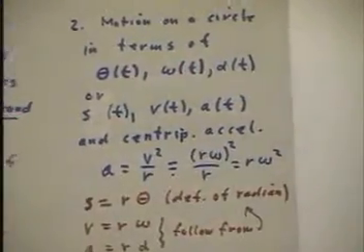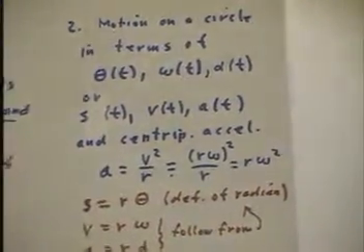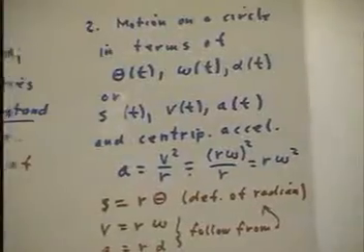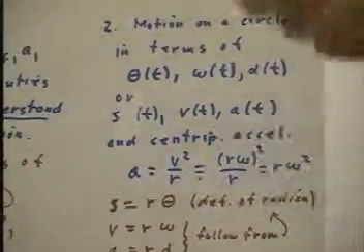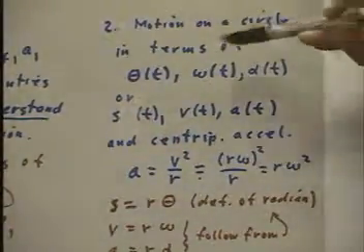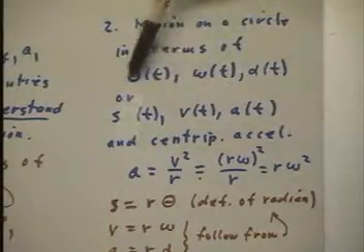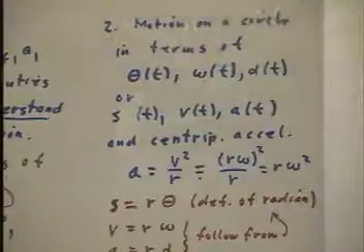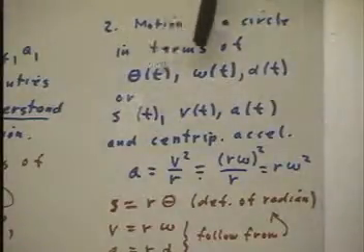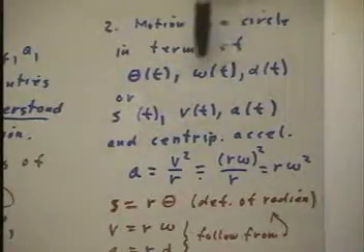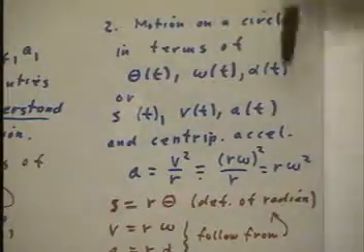Okay, how do we understand motion on a circle? In terms of what quantities do we understand motion on a circle? Well, theta of t, which is the angular position at clock time t. Omega of t, which is the angular velocity at clock time t.